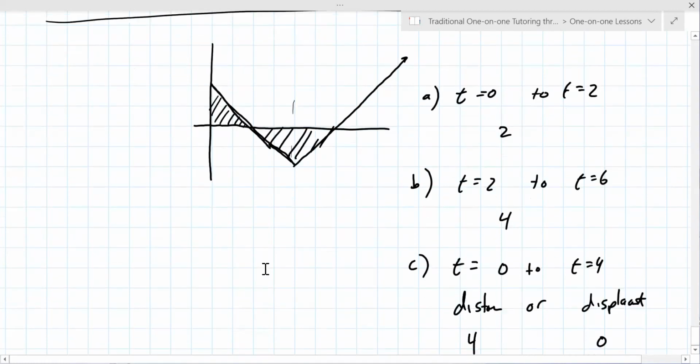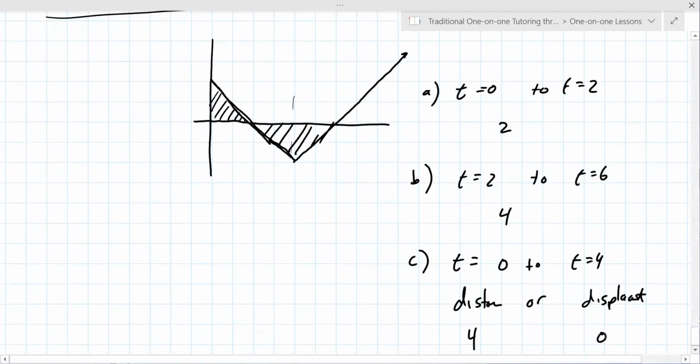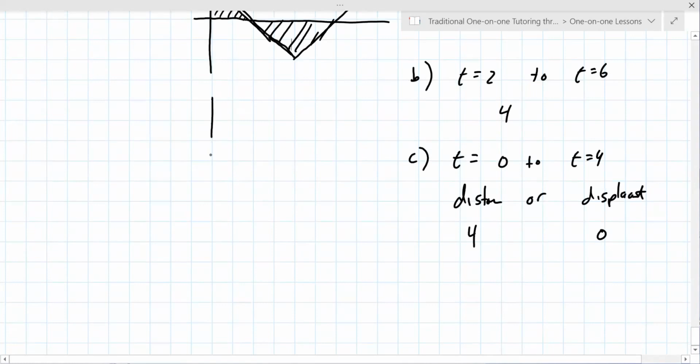I'll just redraw it. I thought the distance was the 2 added together, though, the 2 and the 4. So the graph here, this is an area of 2. This has an area of 2. So the distance is 2 plus 2. The displacement is 2 plus -2.